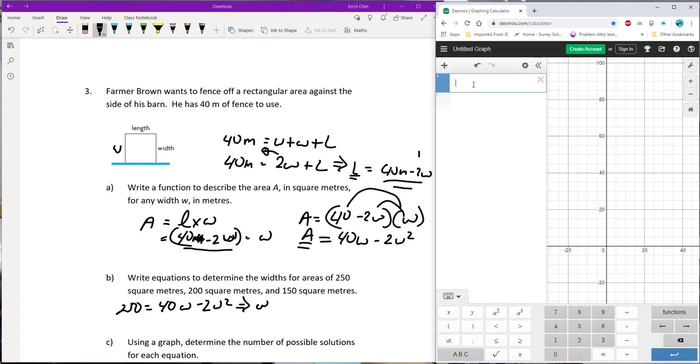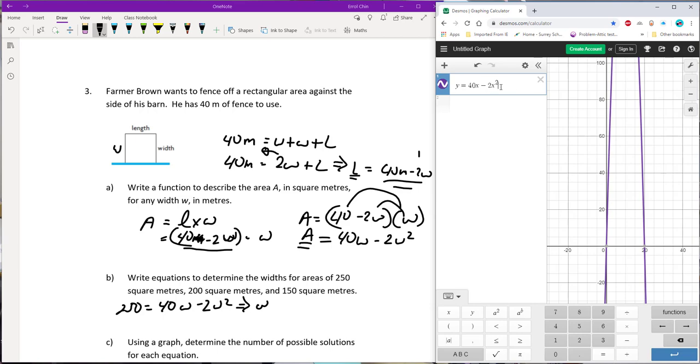I know that Desmos can't use letter A and W, so you have to use Y. Y equals 40x minus 2x squared. Okay? So A, well, that's just my Y value. And every time I see a W, that just represents X.